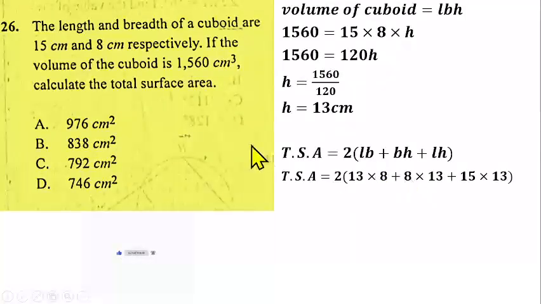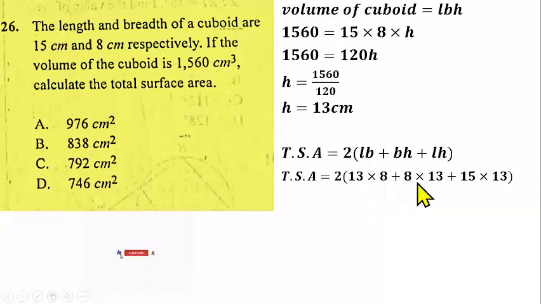Sorry, give me a moment to figure it out. The length is 15 and the breadth is 8. Okay, length times breadth plus breadth times height plus length times height.